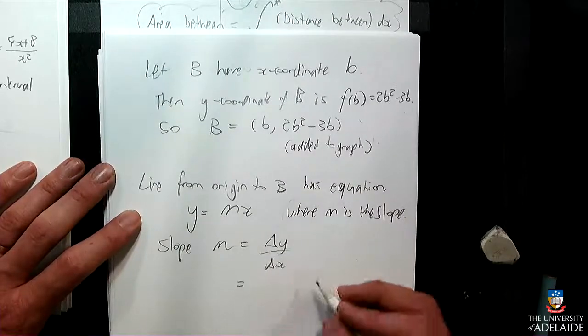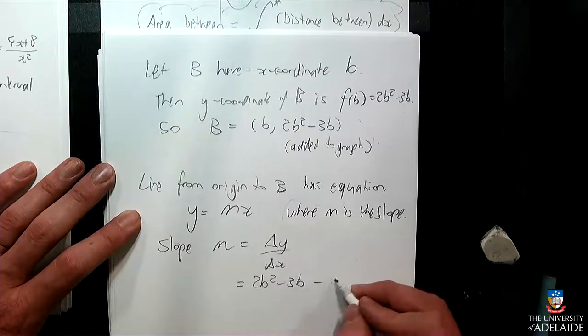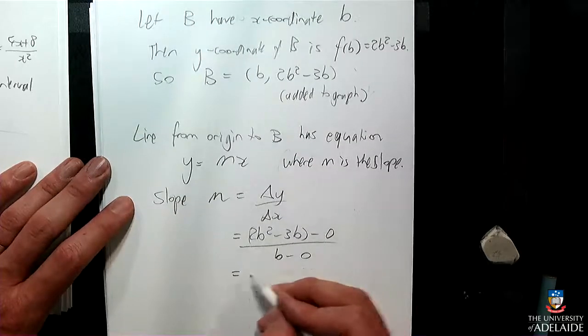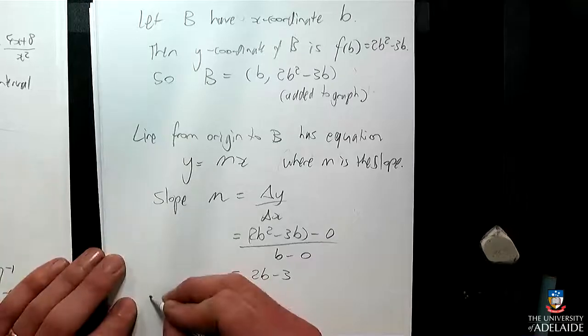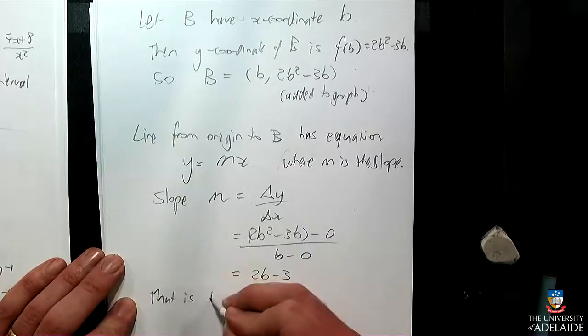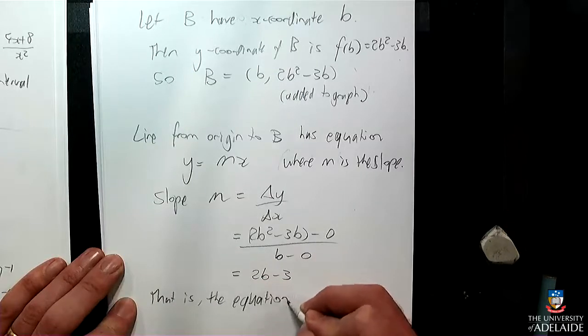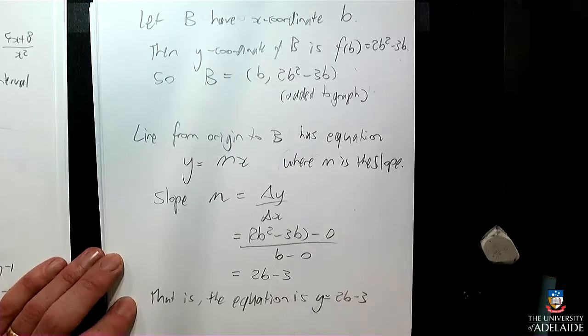Since it goes through the point B, the slope m should be (2b squared minus 3b minus 0 for the origin) over (b minus 0). So that should be 2b minus 3.